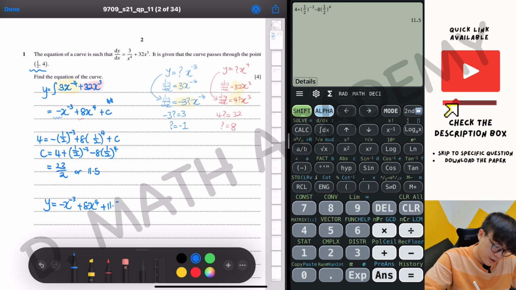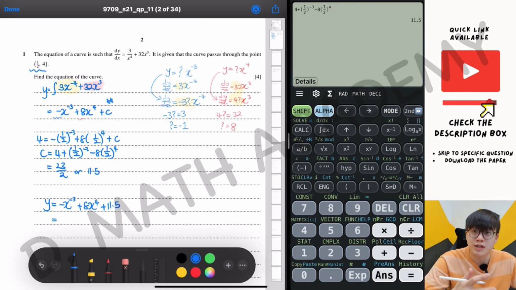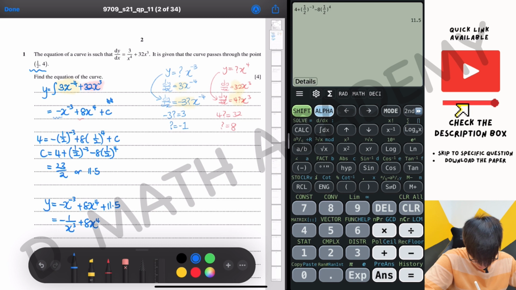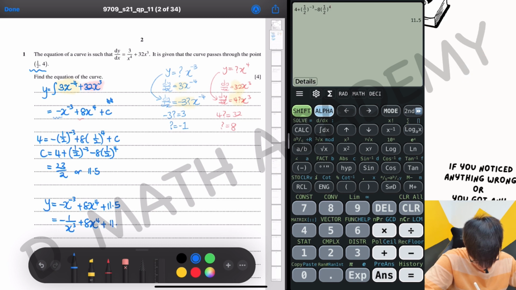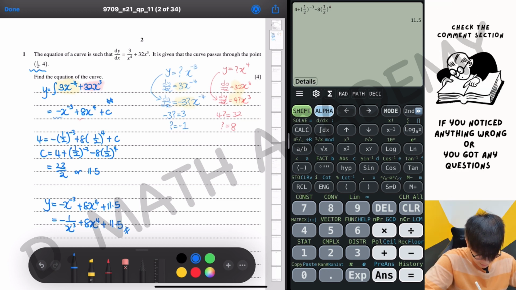For me, I will leave it as 11.5, and if you were to further rearrange this equation here, this would be your final result. That's how you secure the first 4 marks here.